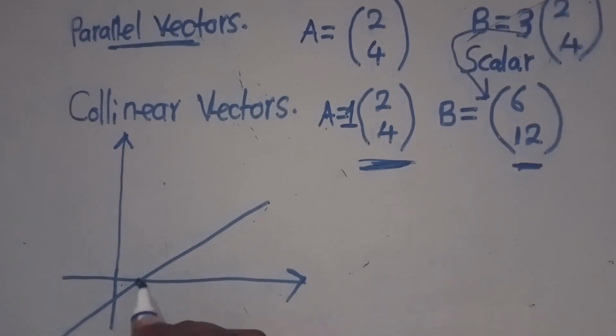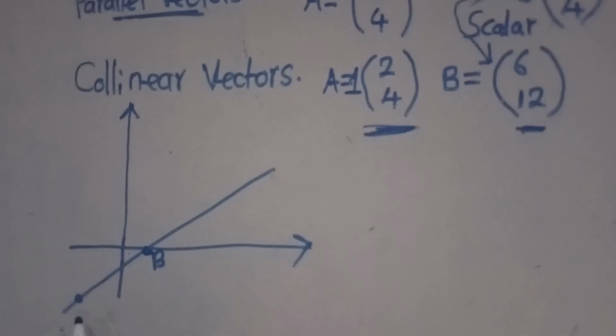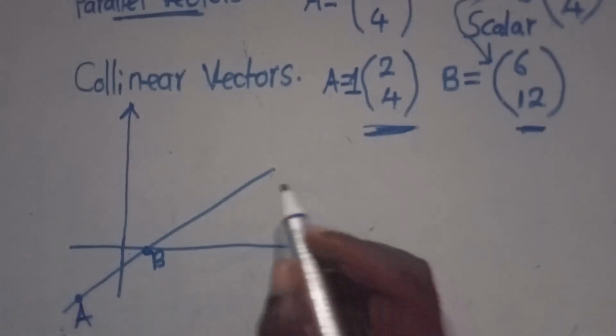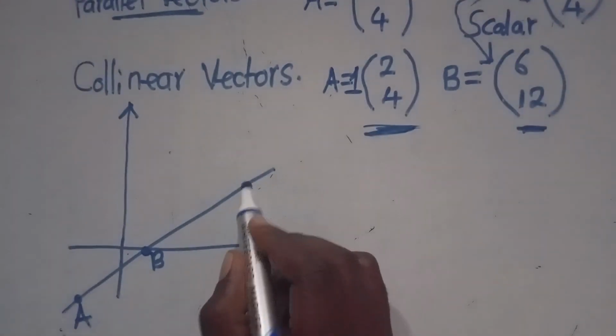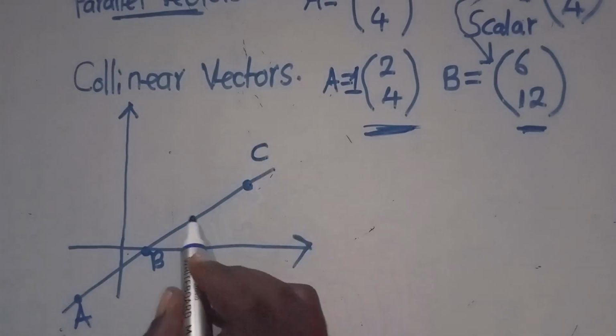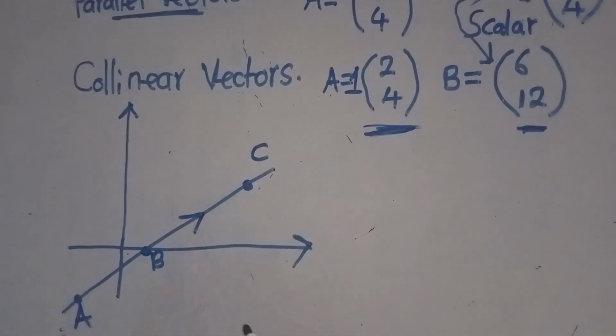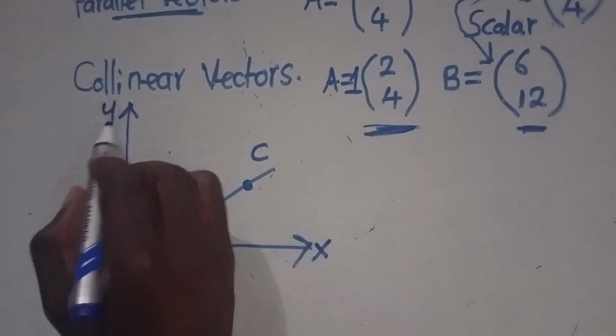Let's say from here you've got B. There, I don't know if we're able to see, we've got A. Then on this particular point we also have C. And these are going that way. Have you seen? So you know that this is the x-axis, this is the y-axis.